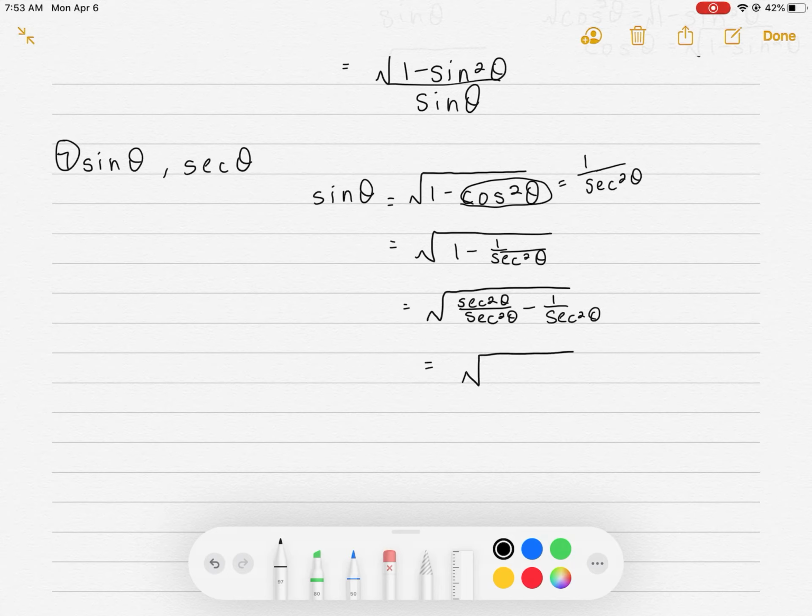I can combine those into one fraction, so I have secant squared of theta minus 1 all over secant squared of theta.